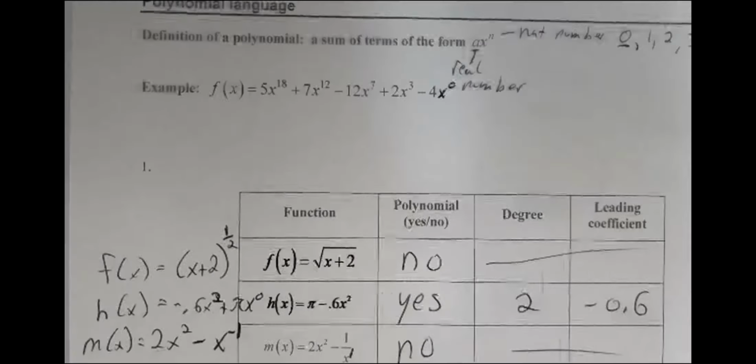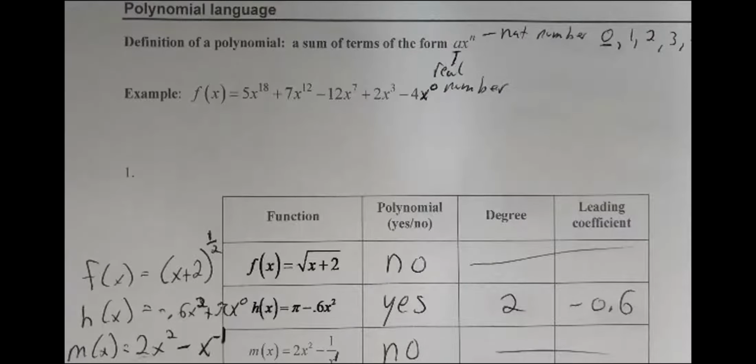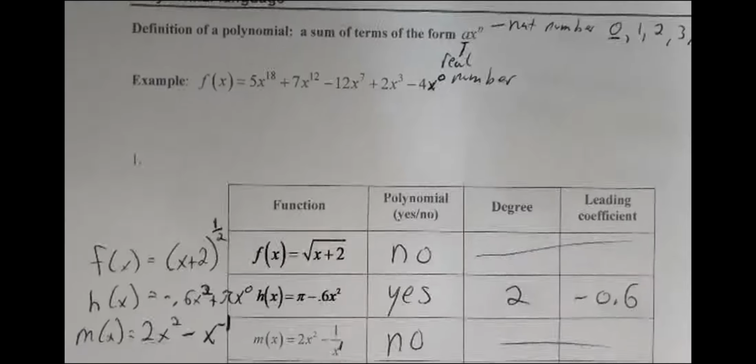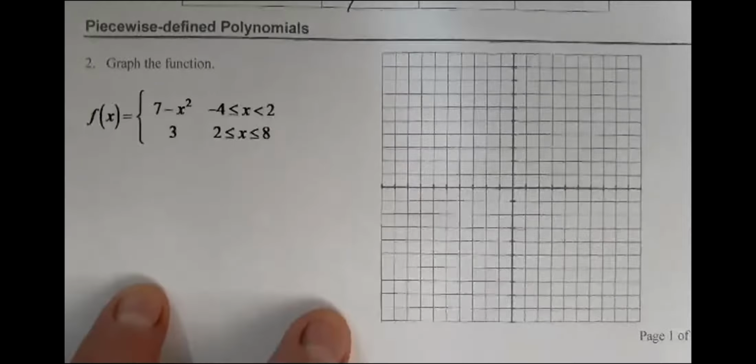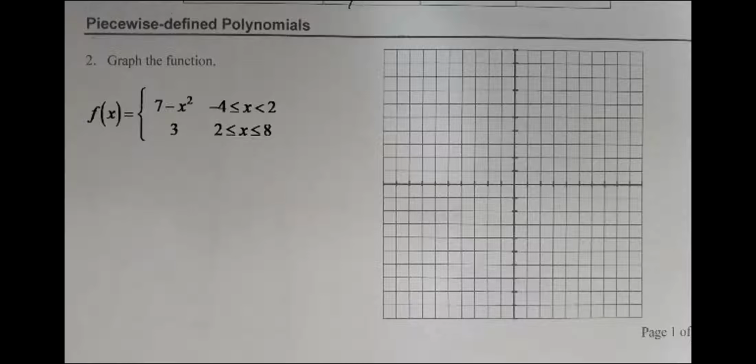So we talked about polynomials when we were talking about quadratics. So now we've bumped it up to larger polynomials. And now we want to talk about drawing piecewise functions with larger degree polynomials.